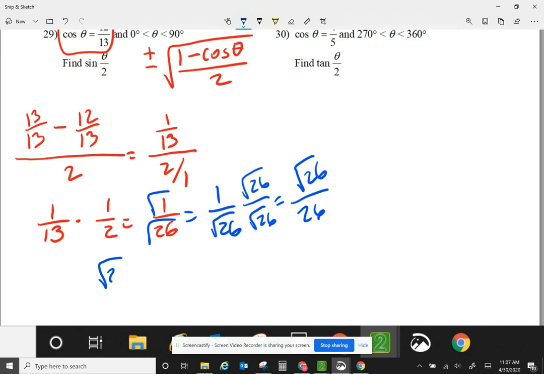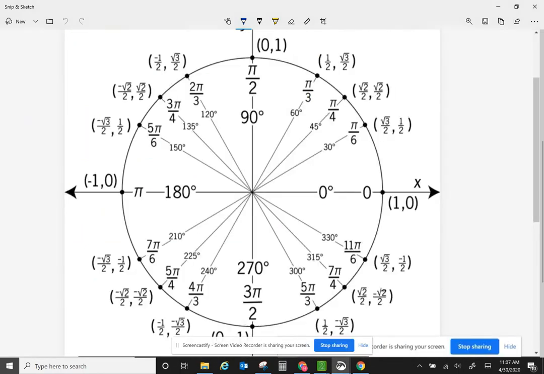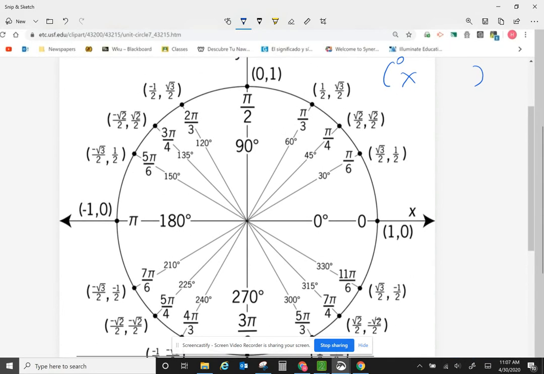Let me write this right here: radical 26 over 26. And I said it's positive or negative depending on the quadrant. Let me go back to our unit circle. Remember, my x value is my cosine, and my y value is my sine.